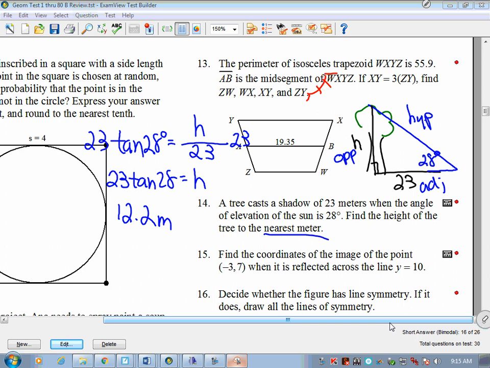But yeah, 12.2 is probably the more accurate of the answers, but we are good with 12 meters. Okay? Feeling good about things so far? Just kind of need a refresher on some of our trig functions. Go ahead. Probably not, but you do want to be specific, right? You do want to look at those things.